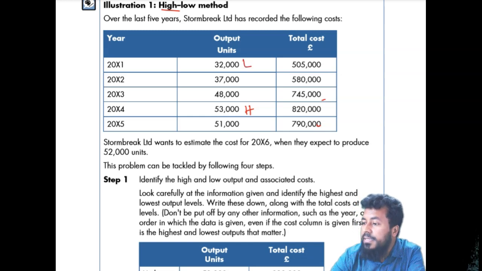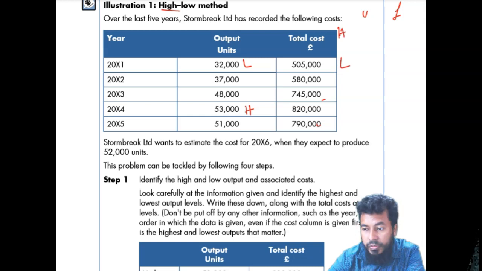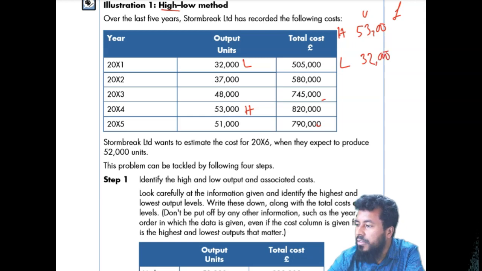So the formula is, you need to take units and money, highest and lowest. Highest units or outputs are 53,000 and lowest output 32,000. Money wise, for 53,000 it's going to cost you 820,000, and the other one is 505,000.